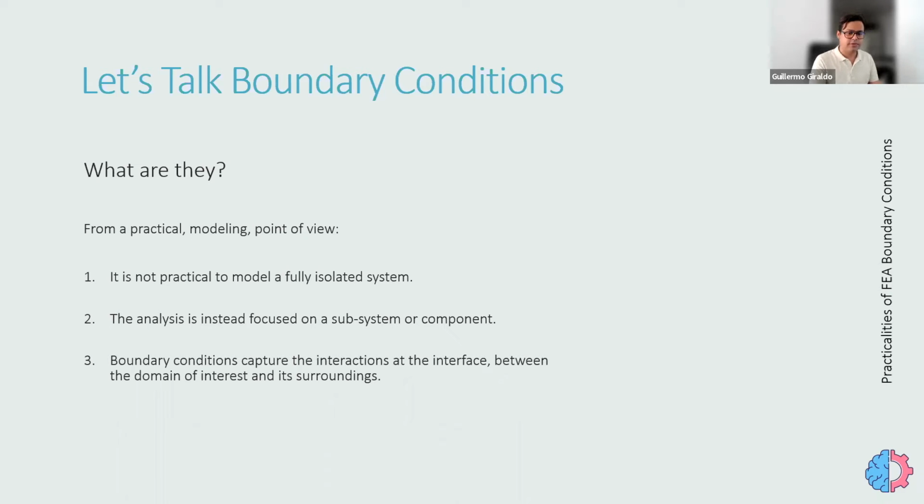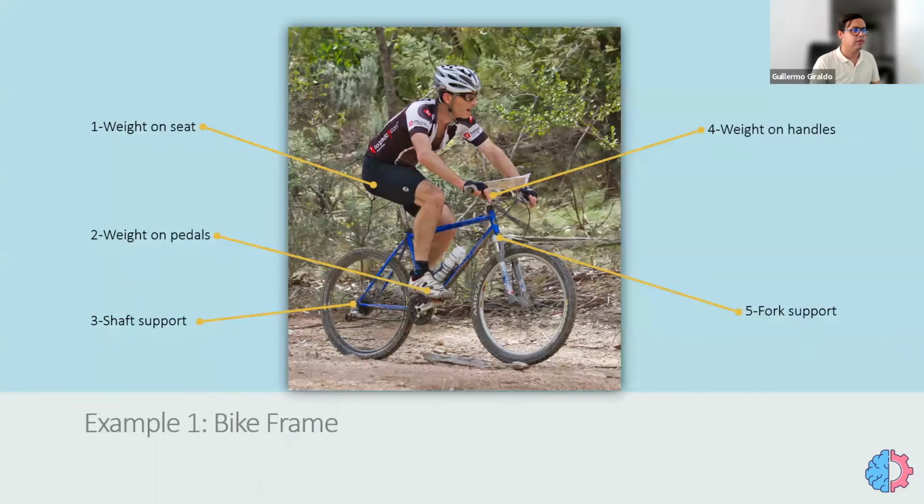As a first example, let's say that we are contacted by this bike manufacturer, right? They have this new design that they want to test before building the first prototypes.